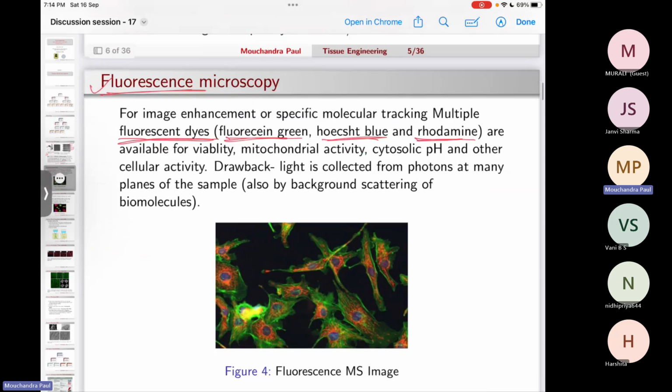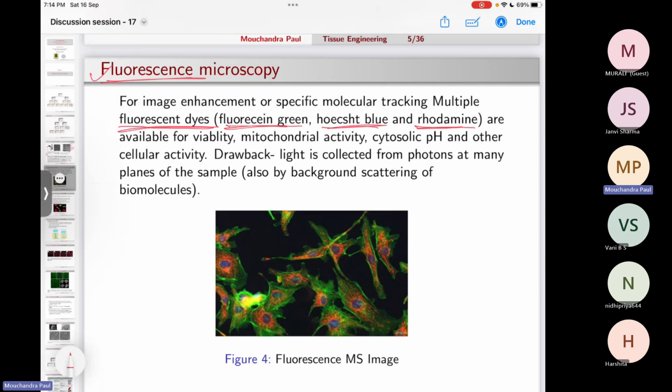But here, you are segmenting the white light into particular wavelengths, like 405 nanometer, then 488 nanometer. So these are lights.